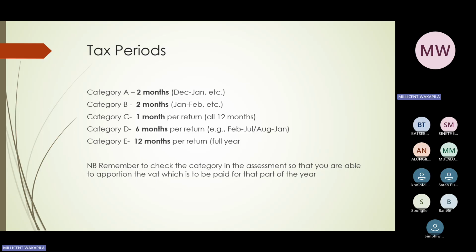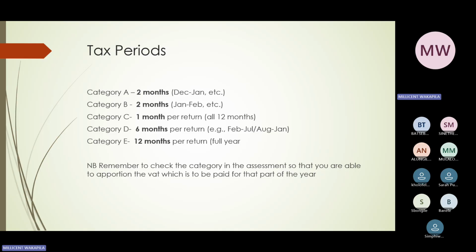So, this is also very important, guys, right? It's a bit tricky, but it's also important. In that we have what we call tax periods, right? We have what we call category A, B, C, D, E, right?